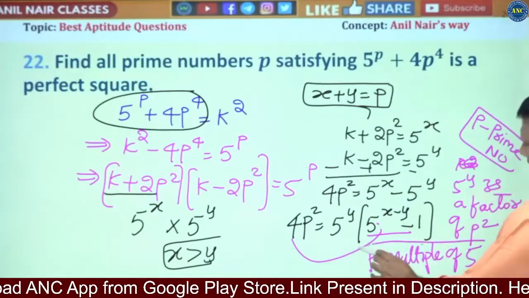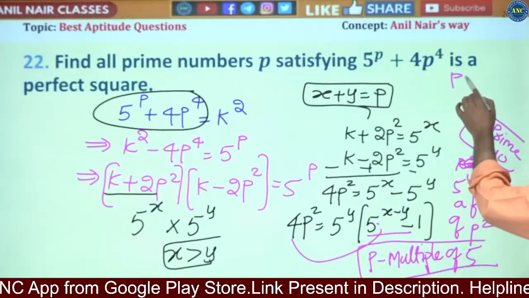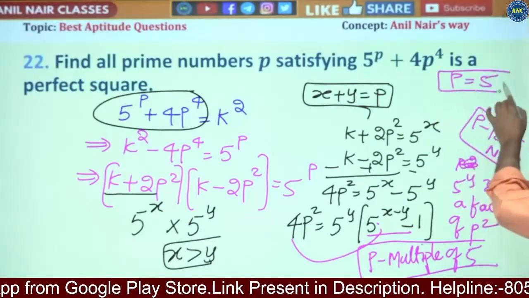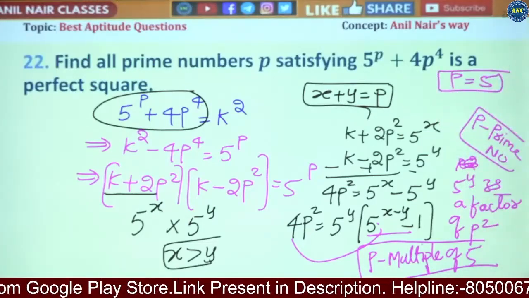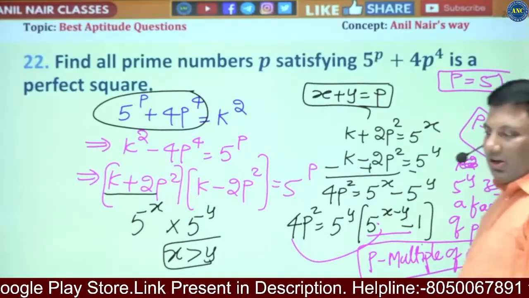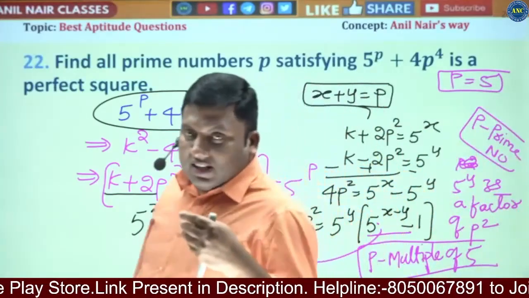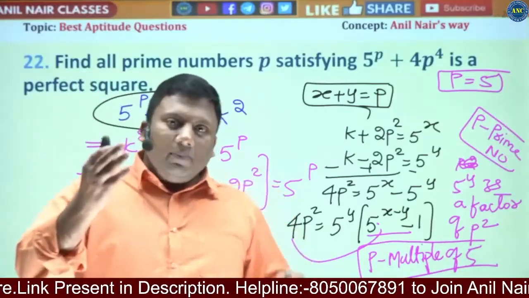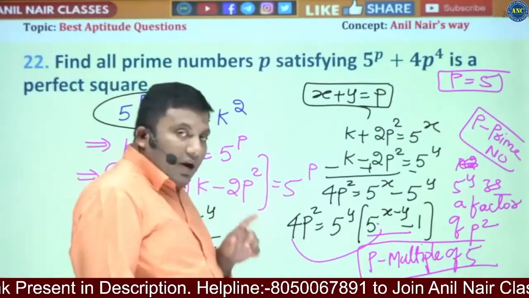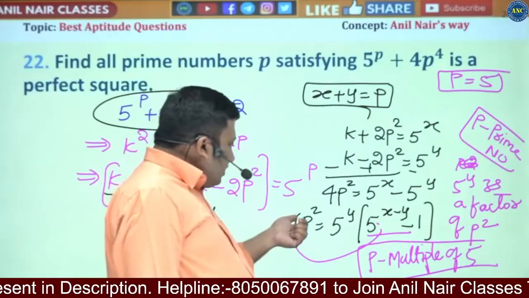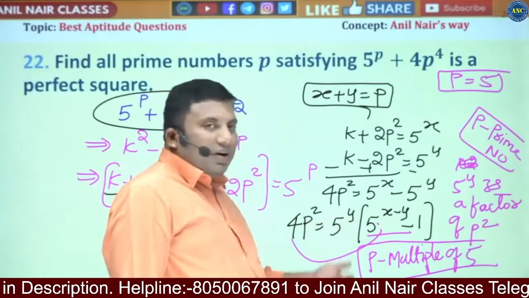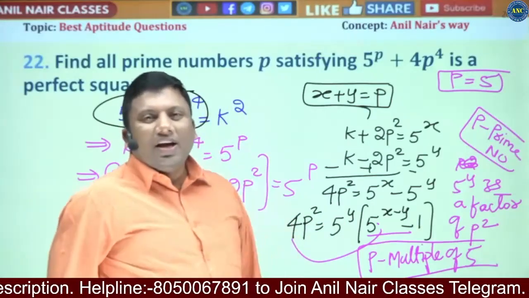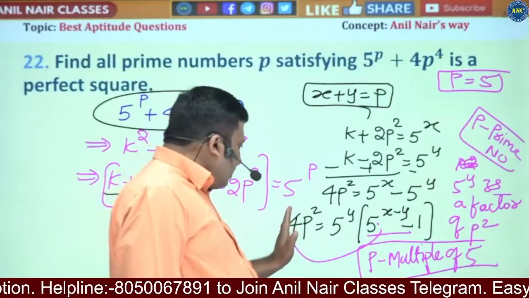Is there any prime number other than 5 which is a multiple of 5? Not possible. Multiples of 5 are 5, 10, 15, 20, 25, 30. Other than 5, all are composite numbers. I hope the idea is clear. This is 4 into something. 5^y cannot be written as a power of 4, so it is not possible.